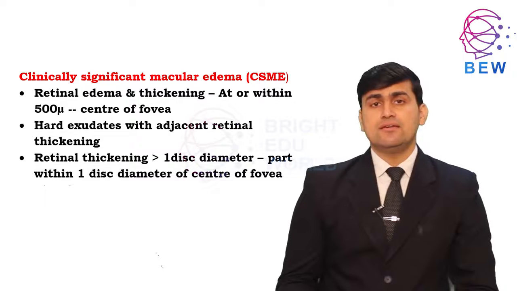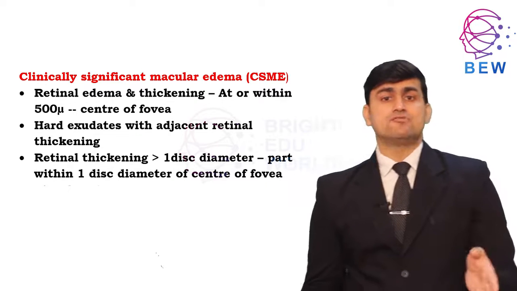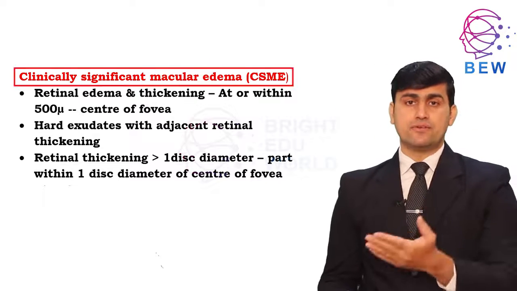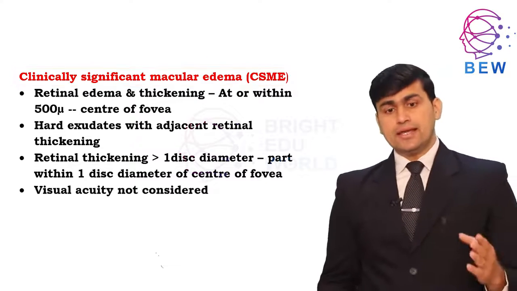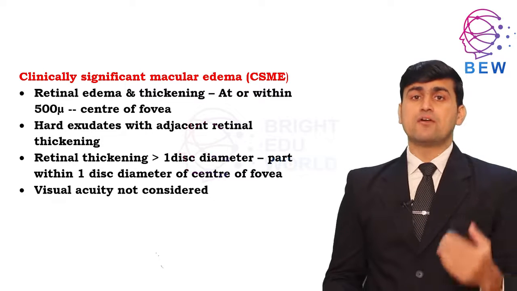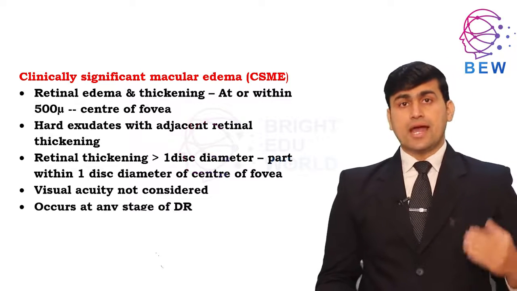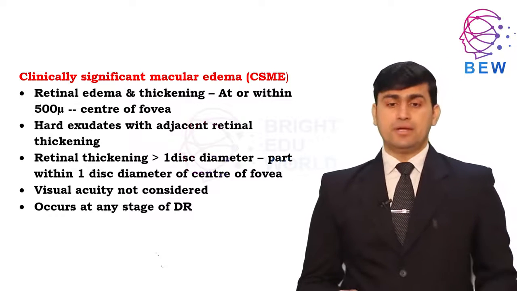So these are the three categories when you call it clinically significant macular edema. Visual acuity is not part of the definition of CSME and it can occur at any stage of diabetic retinopathy.